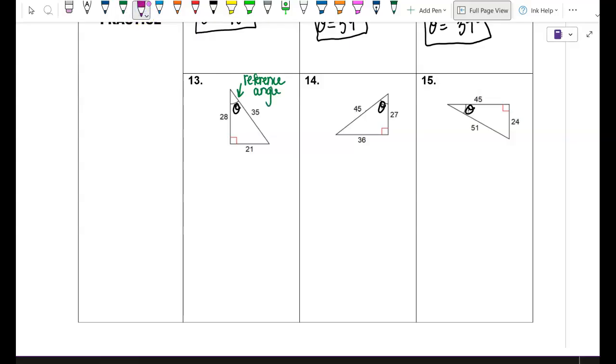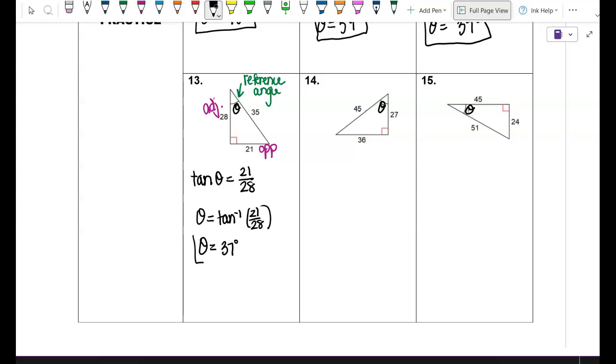So in this case, in number 13, 21 is my opposite. 28 would be my adjacent. So the tangent of theta equals 21 divided by 28, which means that theta is the inverse tangent of 21 divided by 28. And rounded to the nearest degree, what did we get for this angle measure? 37 degrees.